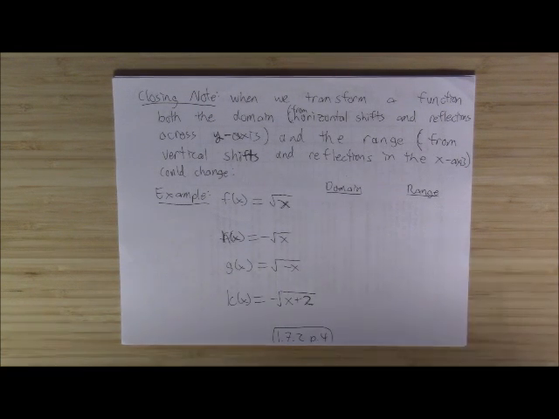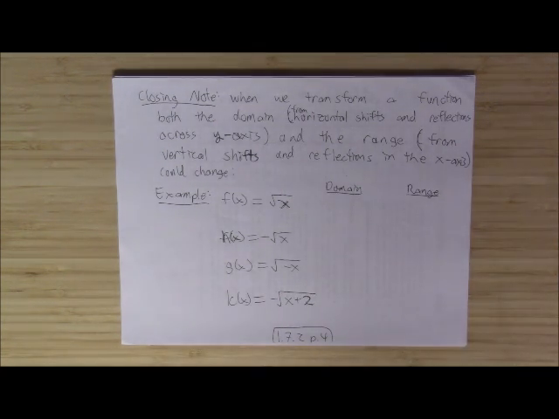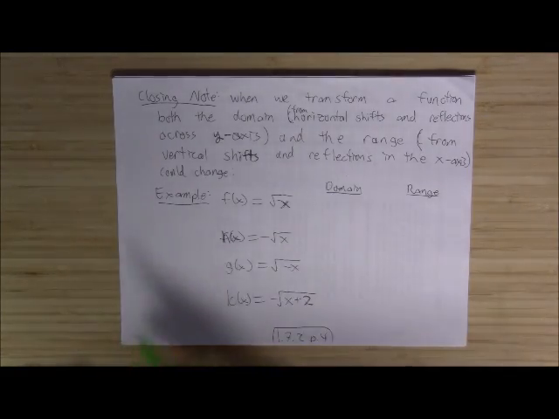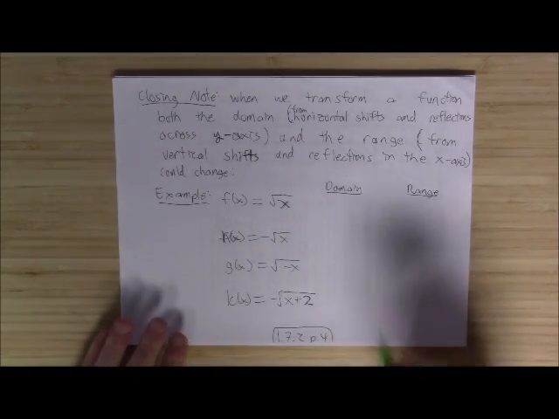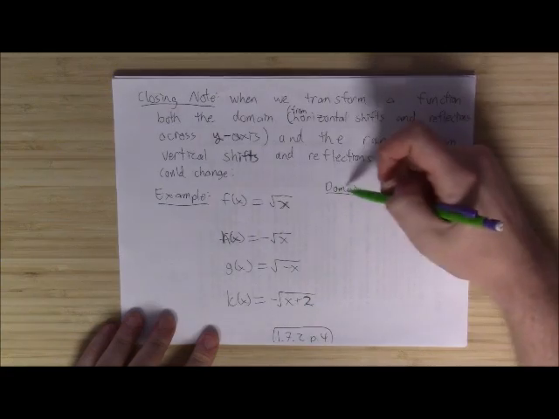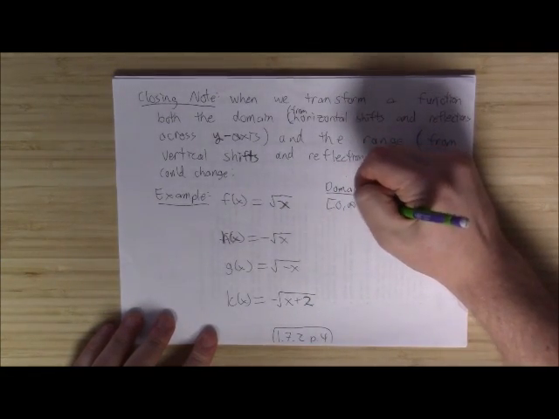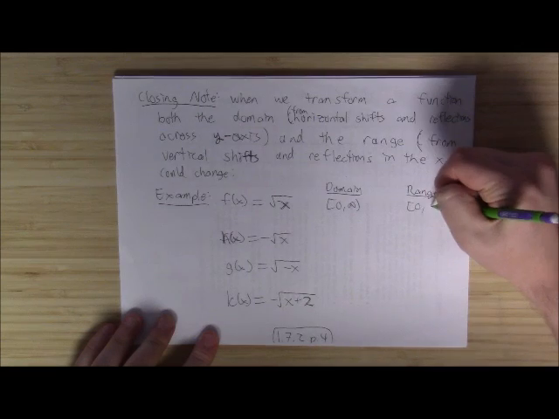As a brief closing note, it is important to note that when we transform a function, both the domain, because of horizontal shifts and reflections across the y-axis, and the range, from vertical shifts and reflections in the x-axis, could change. For instance, if you look back at the example that I did earlier, the domain of square root of x is 0 to infinity, and its range is 0 to infinity.